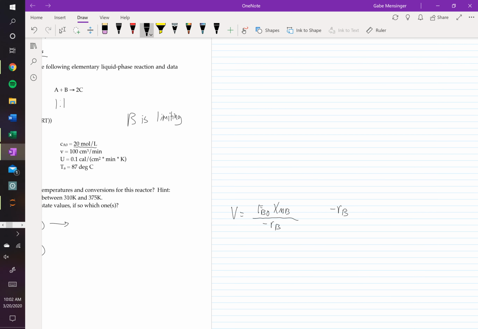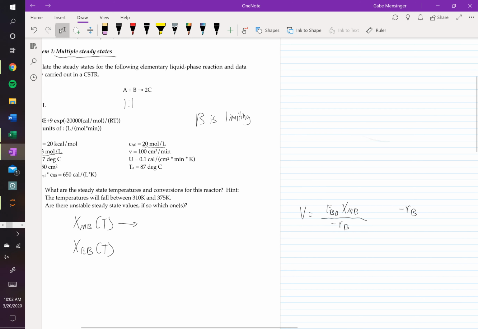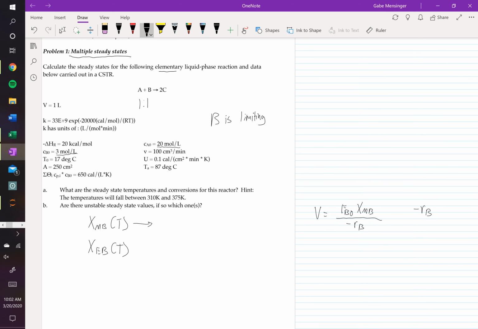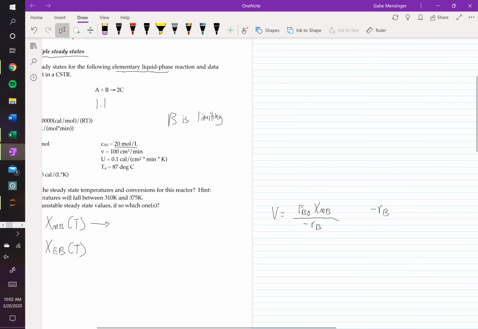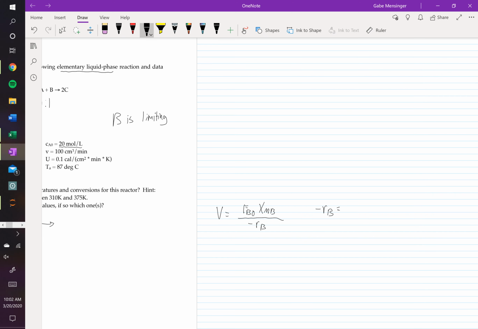For B, for the reaction rate, we're told that it is elementary and liquid phase. So minus RB is equal to a rate constant K times Ca times Cb.